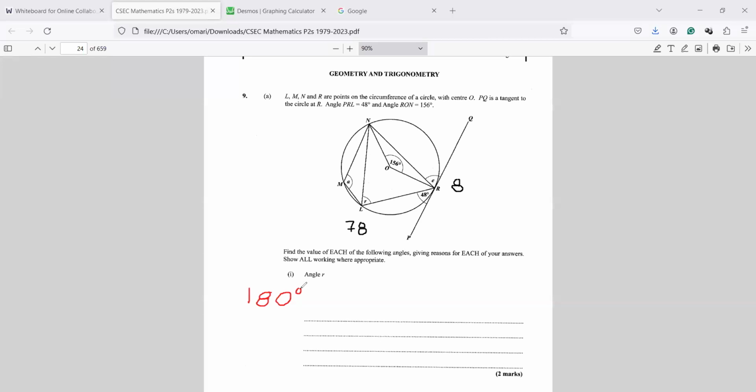All right. So 160 degrees right there. 24 and 24, so it's going to be 12.